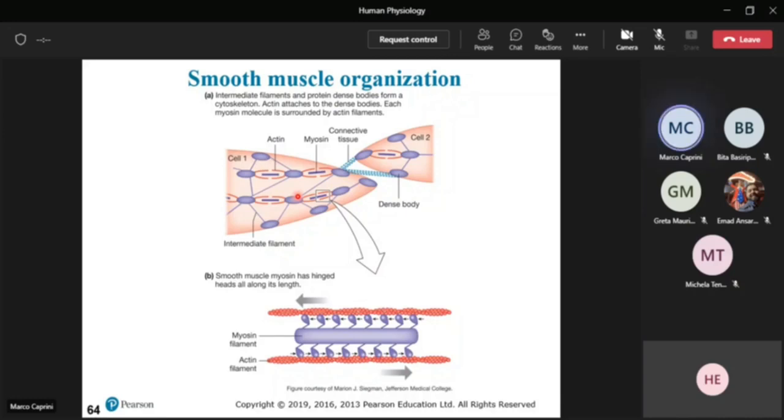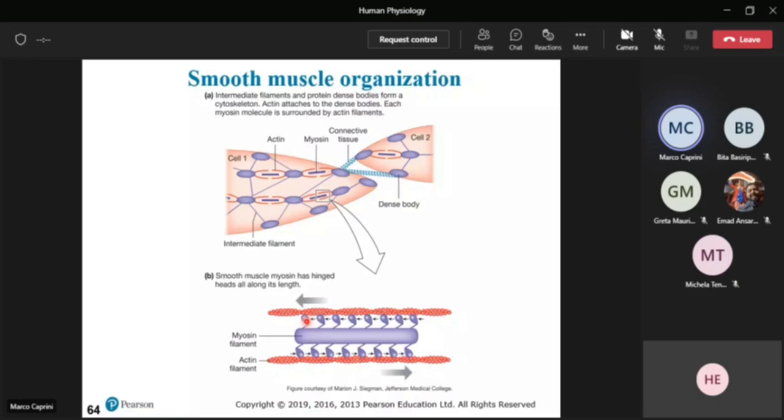And what is inside of the myosin, the purple myosin, the myosin filaments contain the same structure, the heads that are able to attach to the actin and to produce the power stroke.